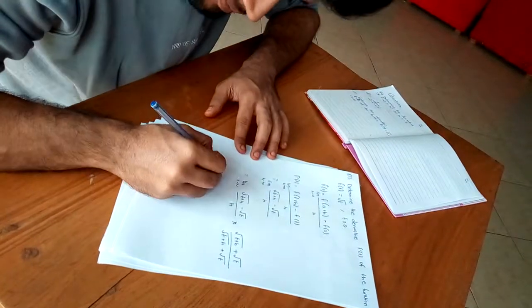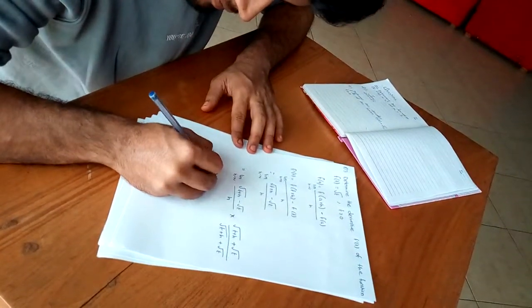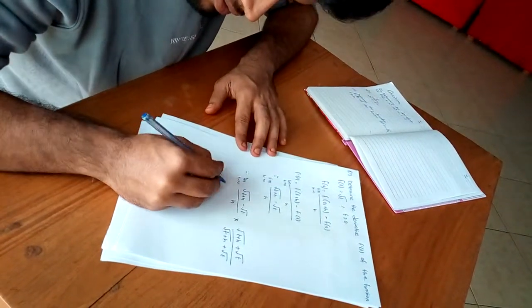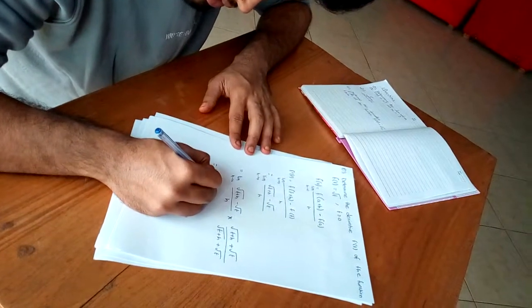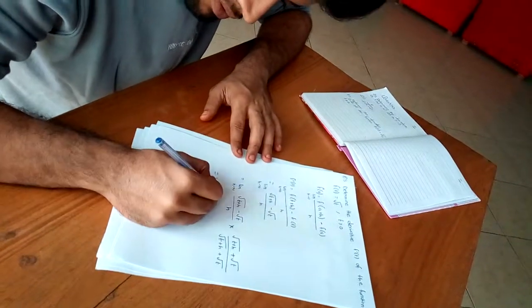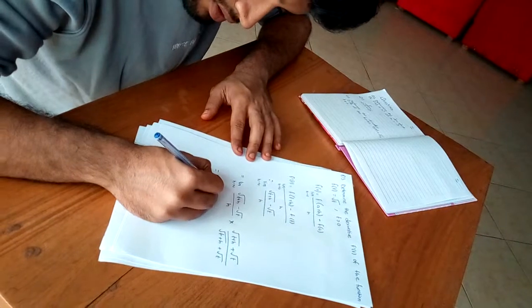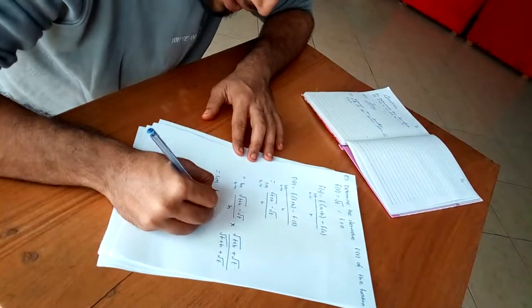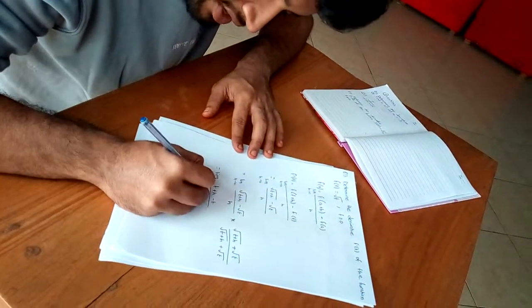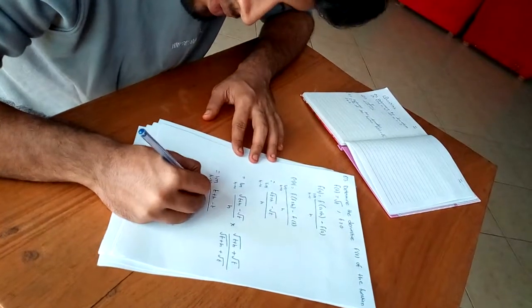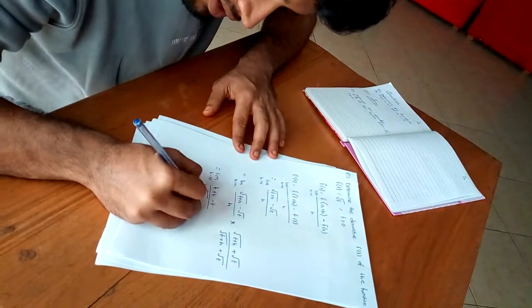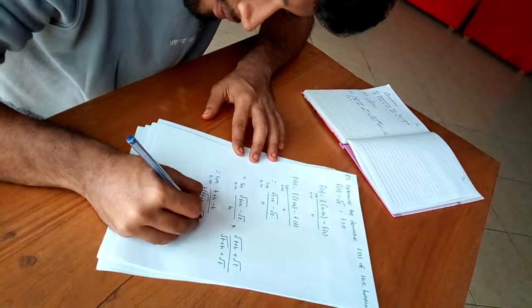So it will become the limit as h goes to 0. After this it will be left with t plus h minus t over h times the bracket under root t plus h plus under root t.